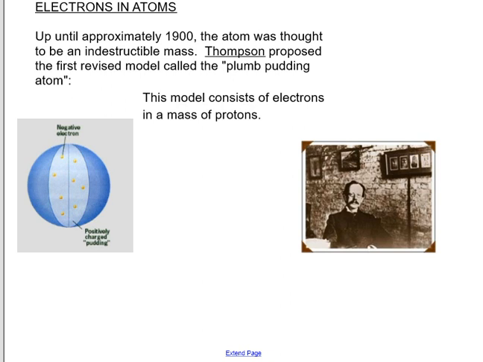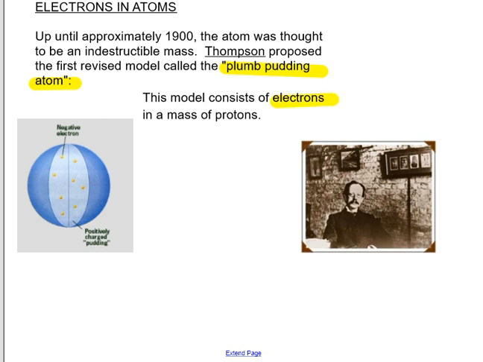It was almost like you could picture in your mind a metal ball bearing. And there was an image of a very small version of this that could never be destroyed. But after around that time, a gentleman by the name of J.J. Thompson revised the model, and he came up with something called the plum pudding model of the atom. Now, the plum pudding model for the atom talked about, for the first time, electrons.